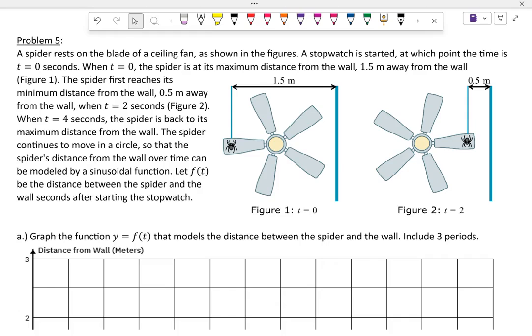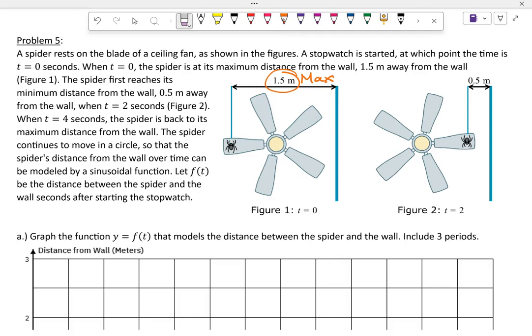Stopwatch is started, at which point the time is t equals 0 seconds. When t equals 0, the spider is at its maximum distance from the wall, 1.5 feet away. So that is its maximum distance. Hopefully we can see that, because if we're anywhere else, we are at a shorter distance to the wall. So that's definitely the maximum distance, right?